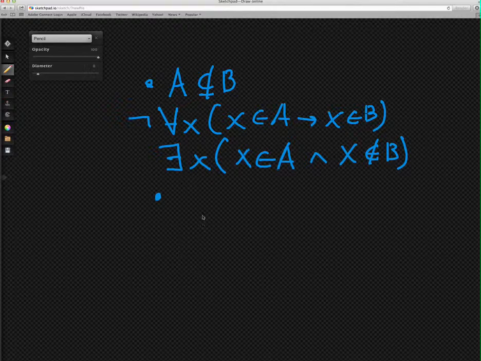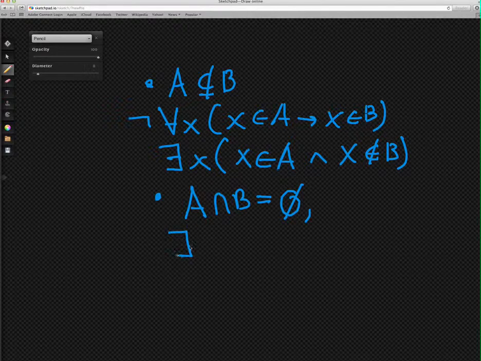Okay, next thing we're looking at is A intersect B is equal to the null set. Means that the intersection of A and B is empty.